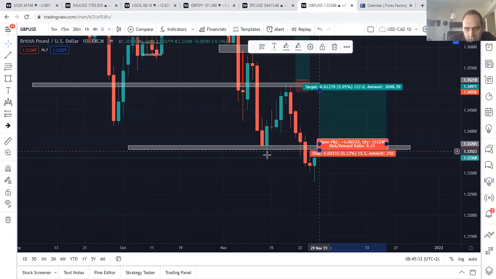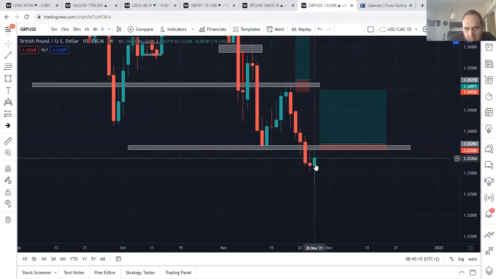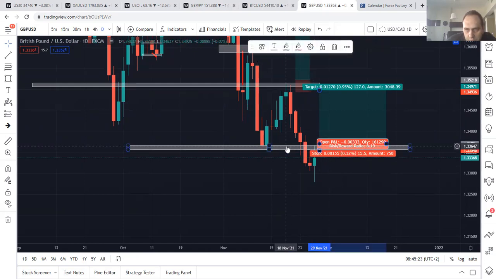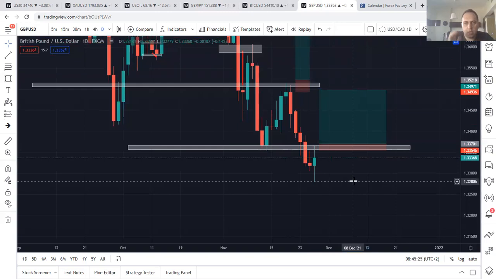For my stop loss, we'll check the wick or the shadow, or maybe if it's breaking up directly, we don't need more than 15 pips as a stop loss.